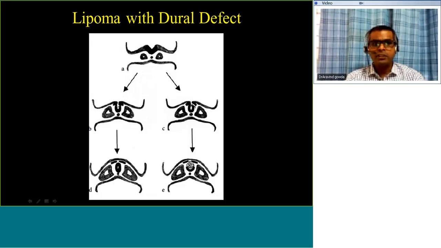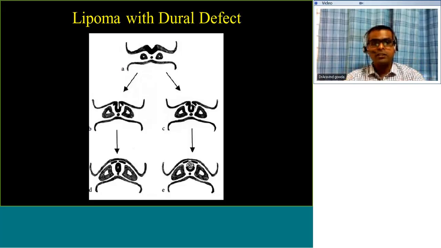So when the mesenchymal tissue enters, the neural folds have not fused, but the mesenchymal tissue has already entered and the epidermal tissue is already closed. So that is where the lipomyelocele or lipomeningocele will happen.